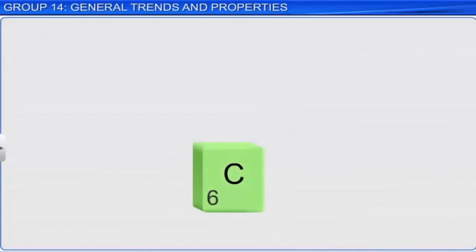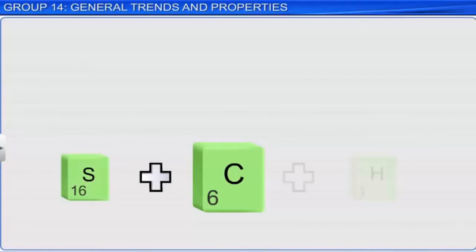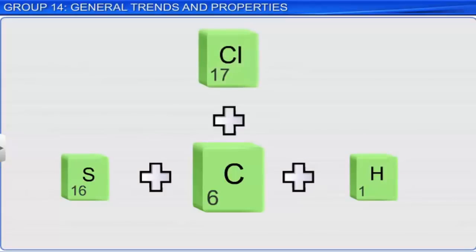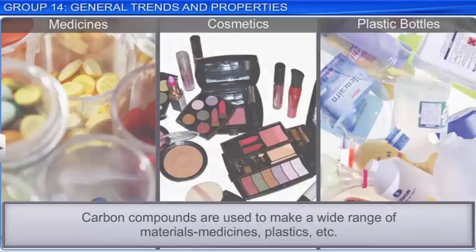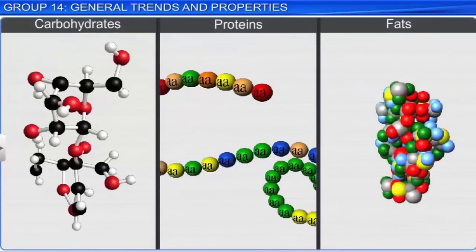Since carbon can combine with sulfur, hydrogen, and chlorine, it forms a wide range of compounds that are used for everything from medicines to plastics. Carbon is essential for a number of biologically important substances as well.